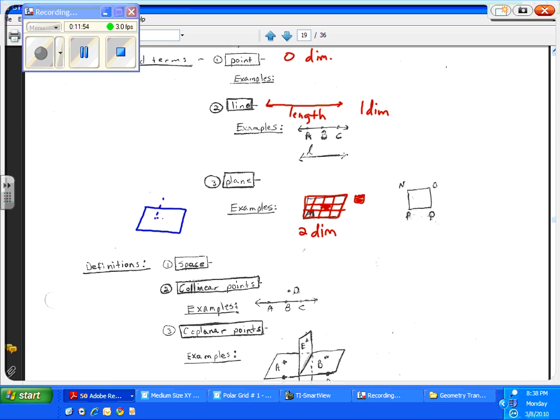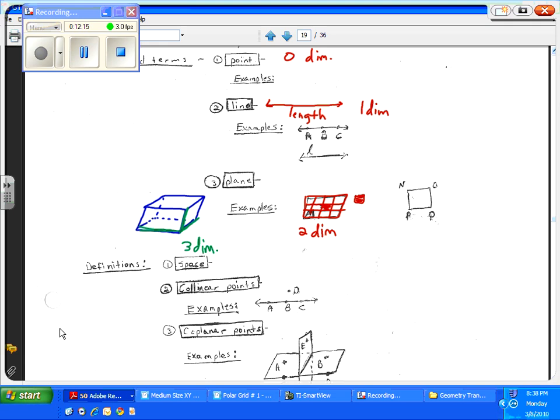When we think about space as something contained in a three-dimensional object, like I talked about with that cylinder, the space within something like that, then we think of space as the existence of three dimensions, length, width, and height together.